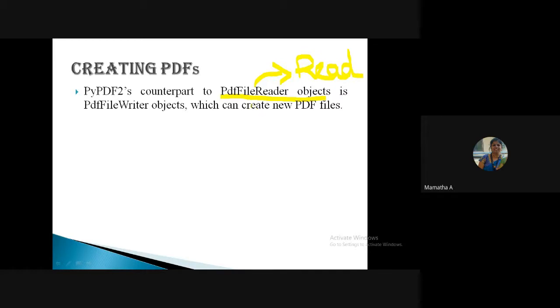Read operation. Similarly, if I have to write, why do I need write now? Because I am writing to my new document using the existing documents, right? So the counterpart to PDF file reader is the PDF file writer object, with which we can create new PDFs.